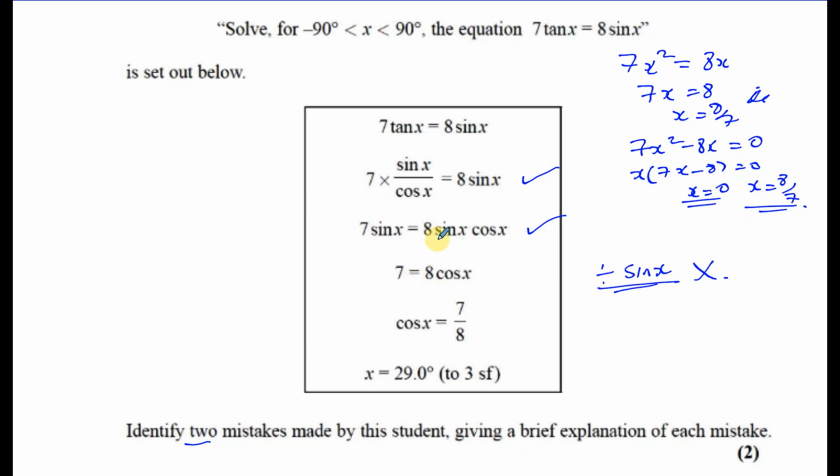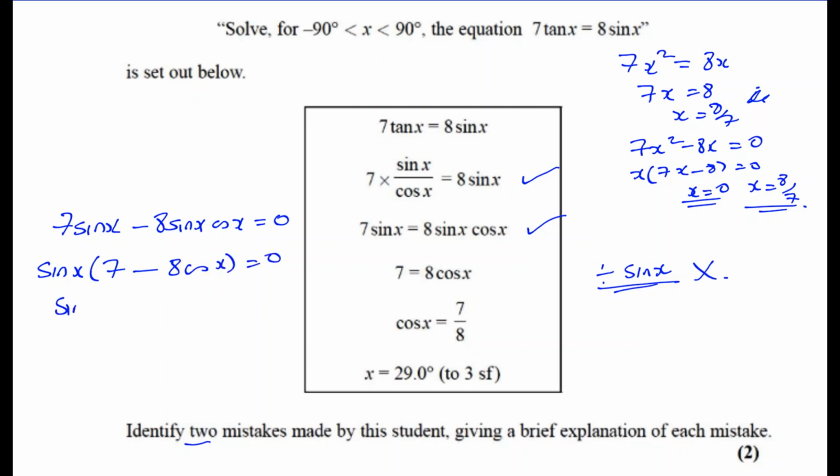So the same thing, if you just divide by sin x, you're going to lose a solution, because what you should have done is 7 sin x minus 8 sin x cosine x equals 0, and taken sin x as a common factor. Then you have sin x times 7 minus 8 cosine x equals 0.